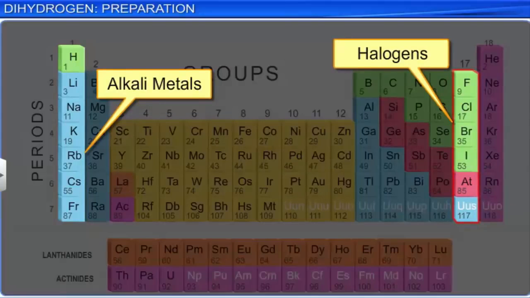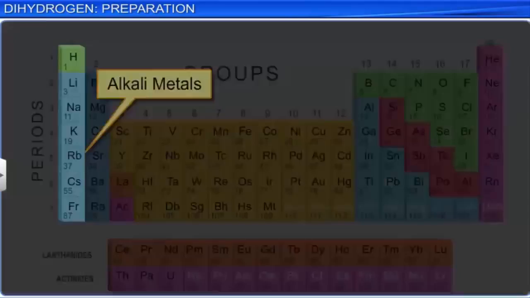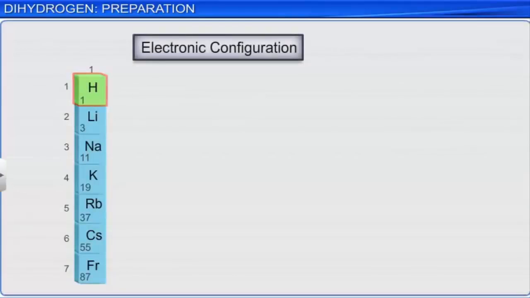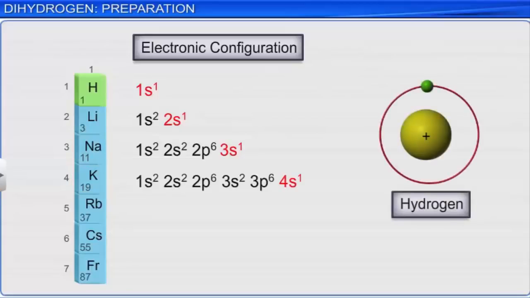Let us see how hydrogen is similar to alkali metals, yet different from the group at the same time. Its electronic configuration is 1s1. Therefore, like the alkali metals, lithium, sodium, and potassium, hydrogen also has only 1 electron in its outermost shell.